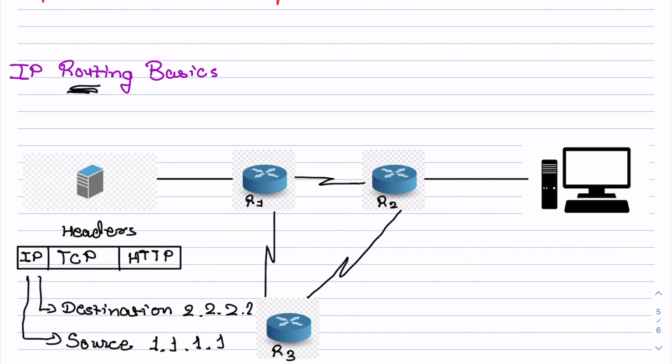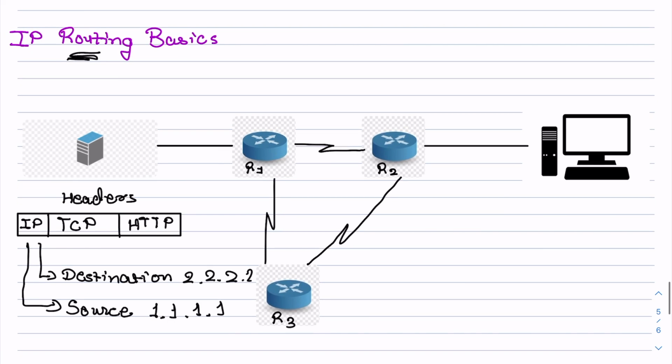How does it forward the mail? This is very simple. Okay, let's go back to the application layer. When the application layer asks for a website, the server will create an HTTP protocol header, a TCP protocol header, as well as the IP protocol header. The header will have the source as well as the destination, the source IP address as well as the destination IP address.